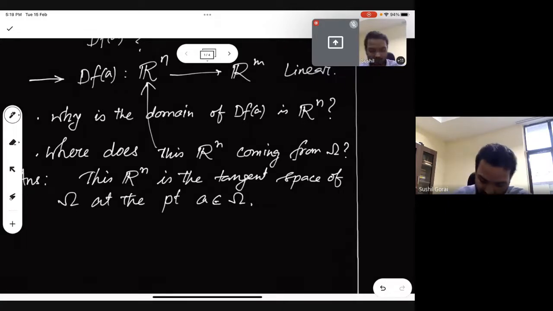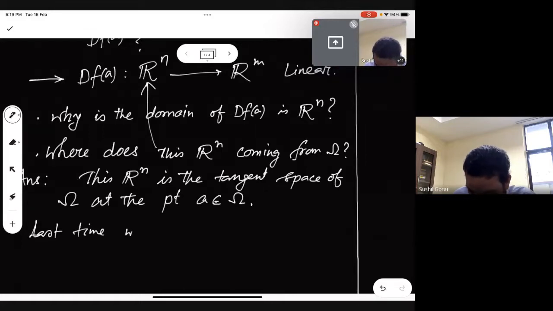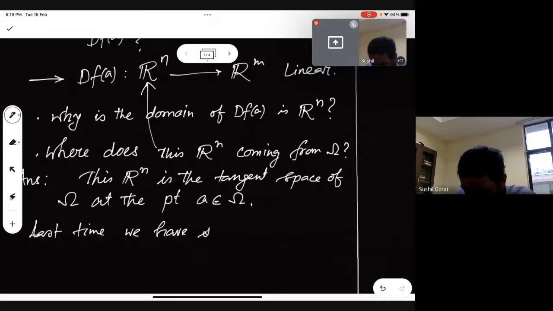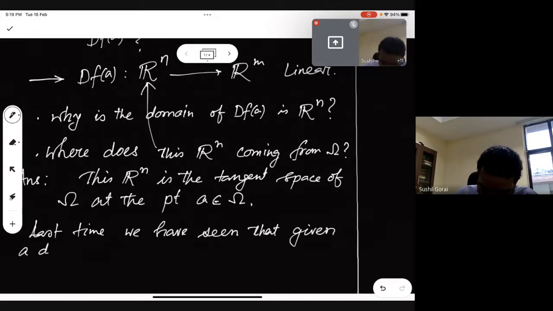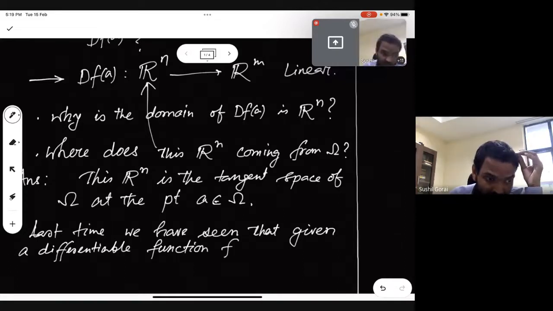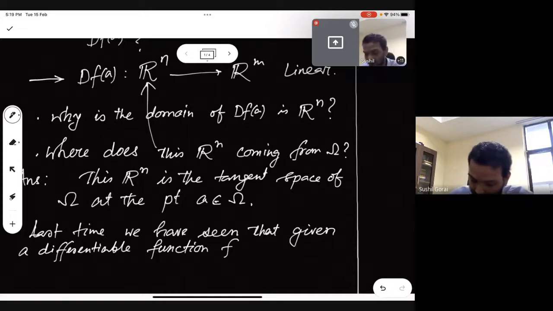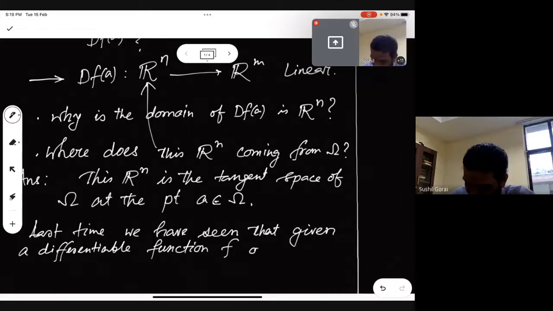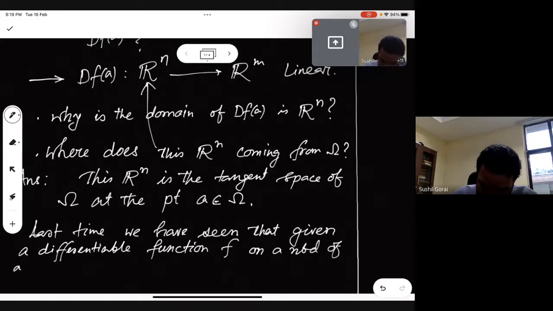So last time we have seen that, given a differentiable function, well, I'm not mentioning the domain, but it is actually true in a neighborhood of a point P, which is good enough.